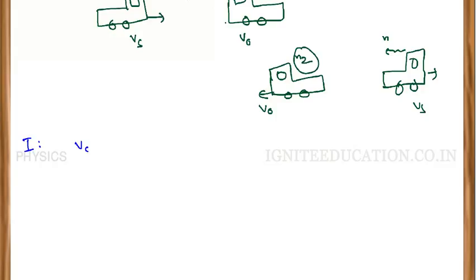So Vs, source velocity, is 60 kmph. I am converting into SI system, so that is 60 into 5 by 18, that is equal to 50 by 3 meter per second.